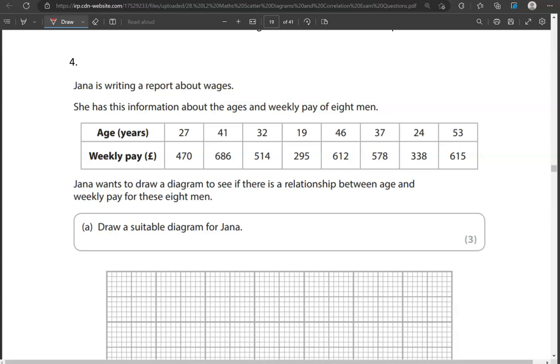Jaina is writing a report about wages. She has this information about the ages and weekly pay of 8 men. She wants to draw a diagram to see if there is a relationship between age and weekly pay for these 8 men. Draw a suitable diagram for Jaina.